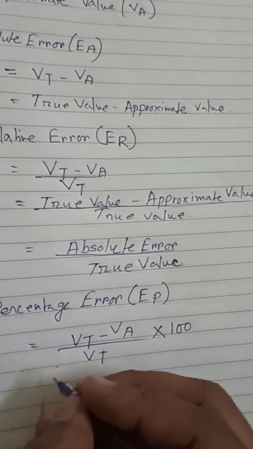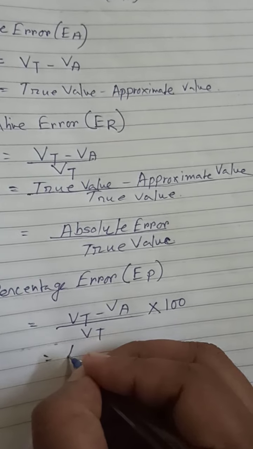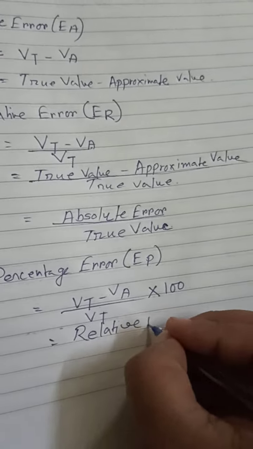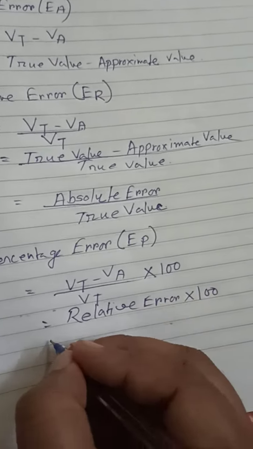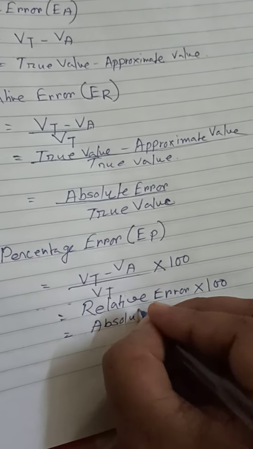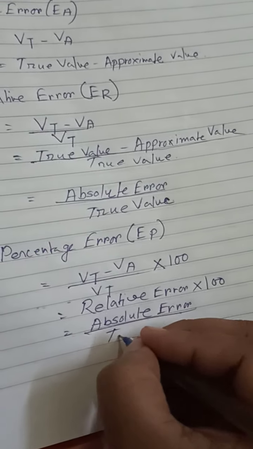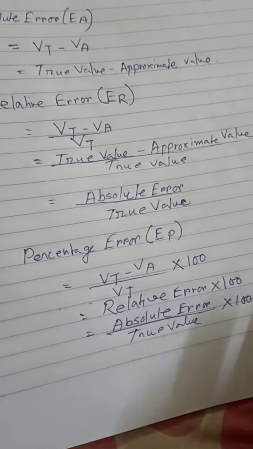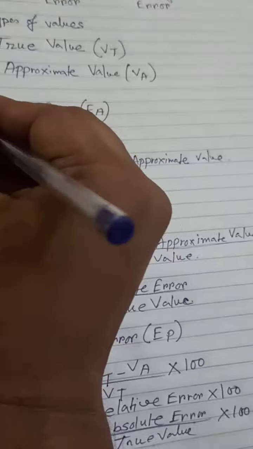So as we can say, relative error into 100, or we can say absolute error by true value into 100. Okay, so these are all three formulas.